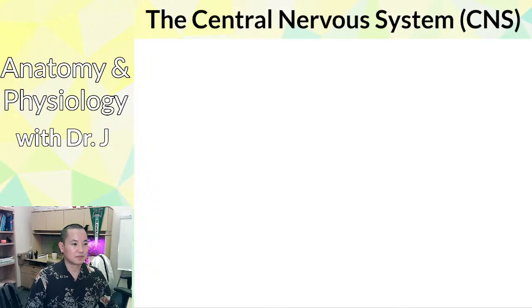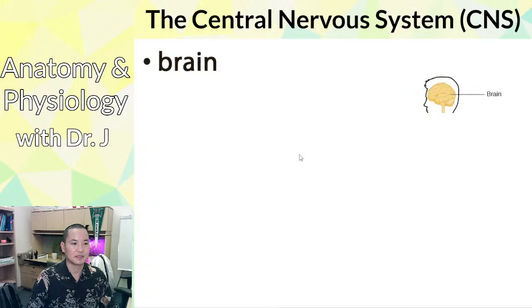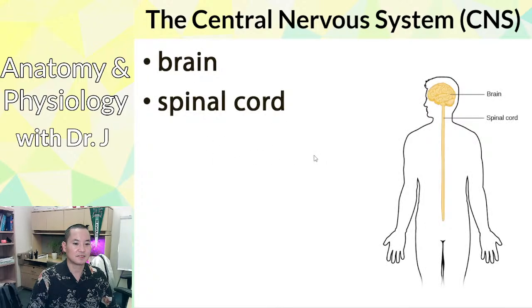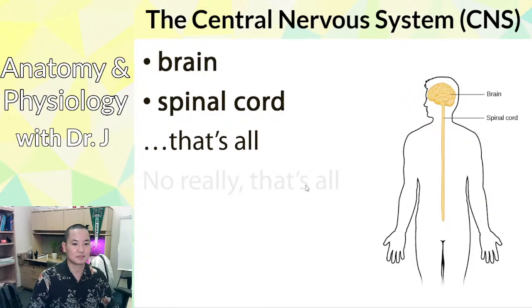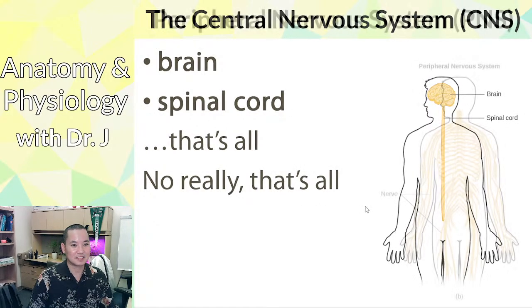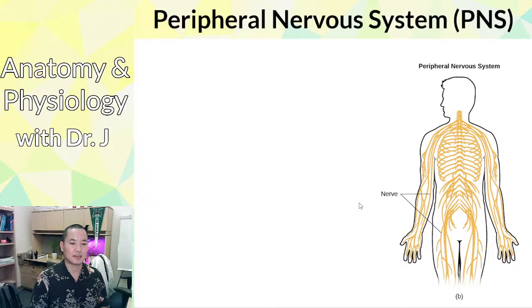Okay, so a quick review. Remember, what are the components of your central nervous system? You have your brain and your spinal cord, and really, that's it. Your CNS is your brain and spinal cord, and everything else that branches off from the central nervous system is considered your peripheral nervous system.